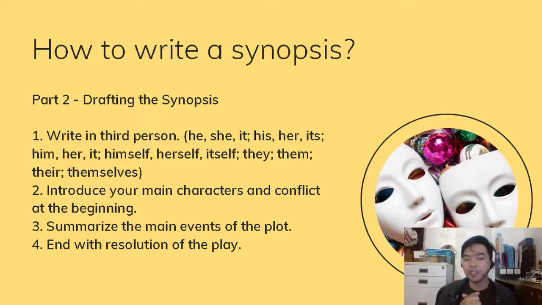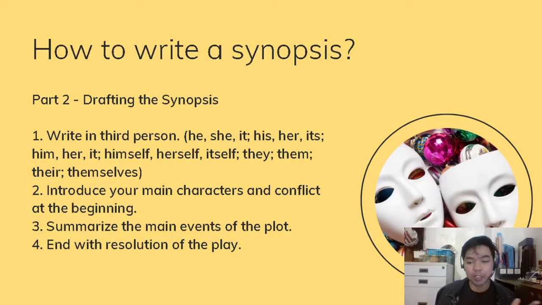Next is to introduce your main characters and conflict at the beginning. This is really important because this is what would catch your audience's interest or attention in terms of the entire play. If your synopses are really wordy or beating around the bush, you would not catch your readers' or your audience's attention.